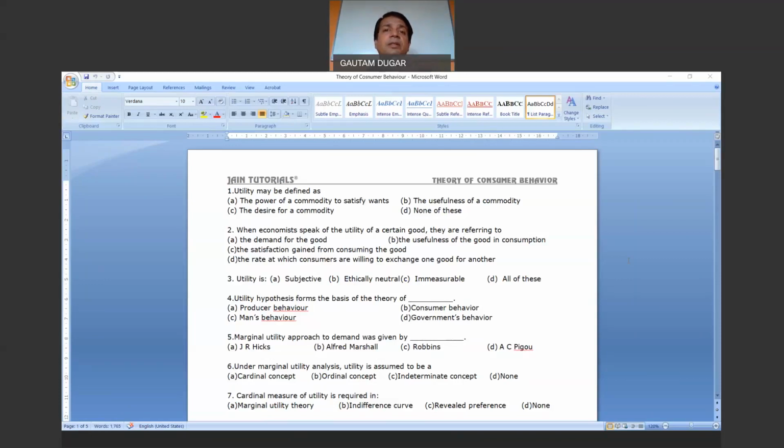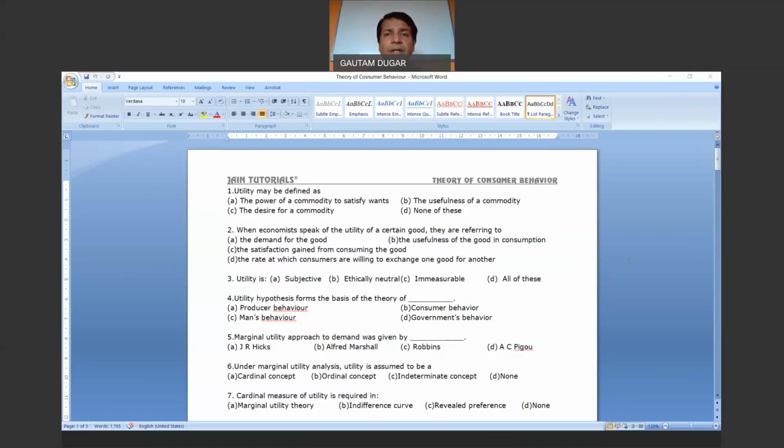Utility is the satisfaction which you derive by consuming a commodity, or rather, the power of a commodity to satisfy human wants. As a consumer, our goal is to get maximum satisfaction out of consumption of the commodity. So in this theory we have to know how a consumer maximizes his satisfaction, that is, his utility.